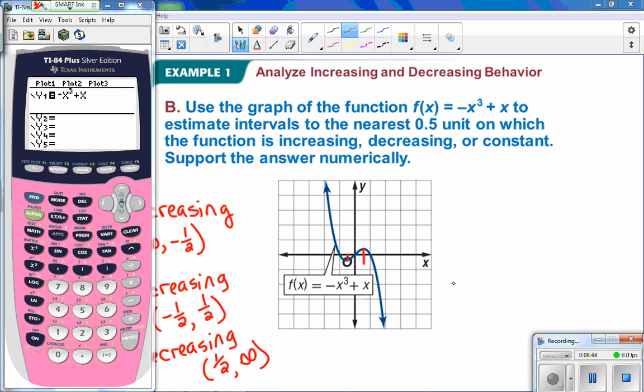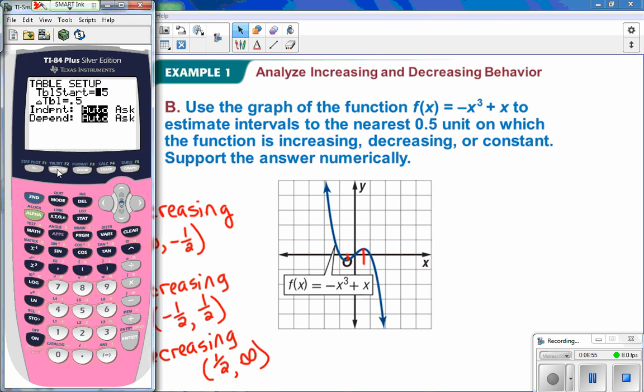To support my answer numerically, I'm going to do the same thing that we did before. So I put my function in here, left my window on the calculator the same, set my table like I did before. So I started at negative 5 and went in increments of 1/2.